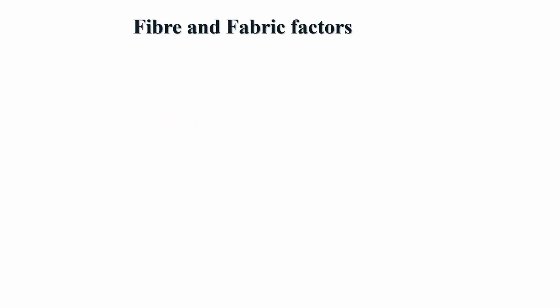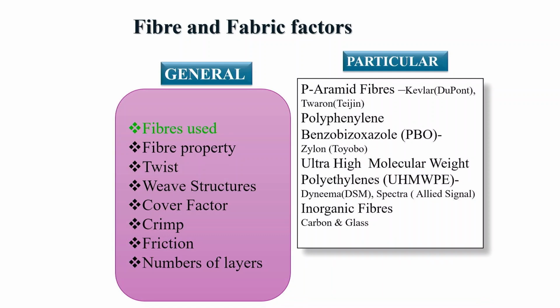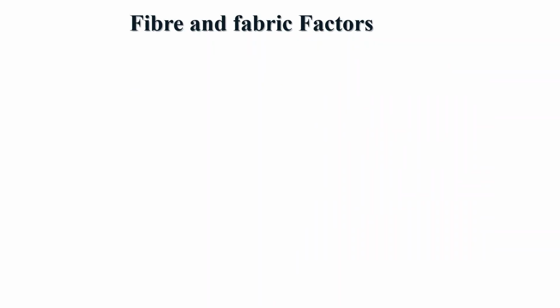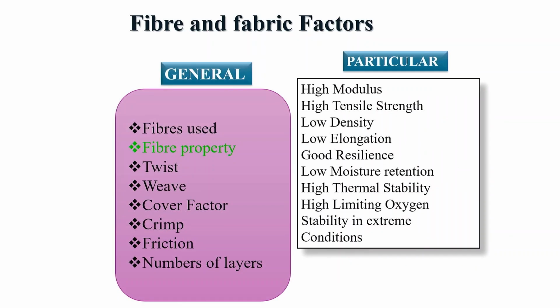So, in our last session we have discussed the different fibers used in protective textiles, that is, ballistic protective textiles. These fibers are para-aramid, PBO, ultra high molecular weight polyethylene, and inorganic fibers. Among the fiber properties, the important properties we also discussed: modulus should be high, tensile strength should be very high, density should be as low as possible.